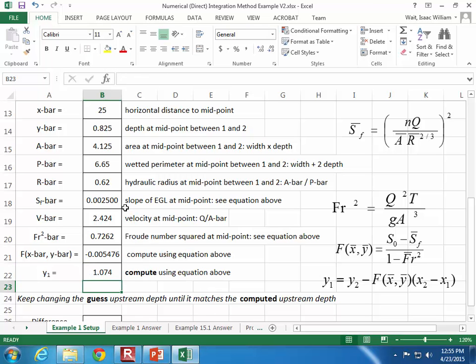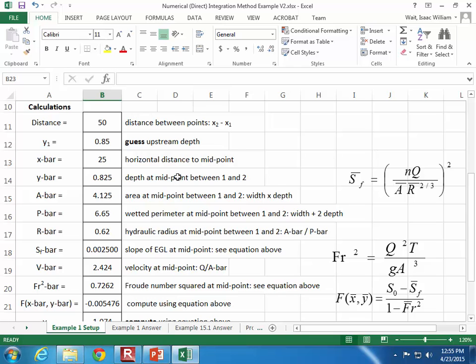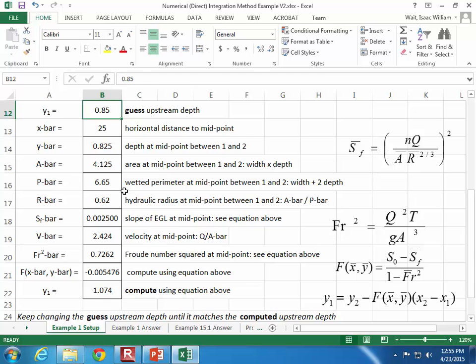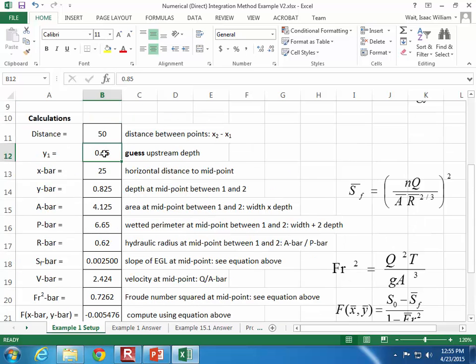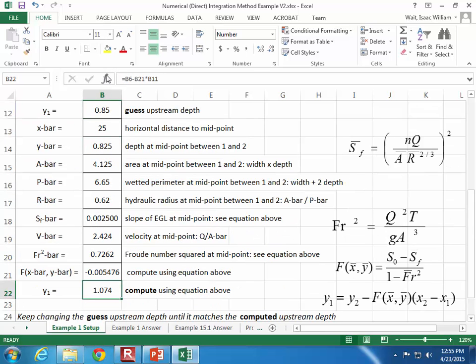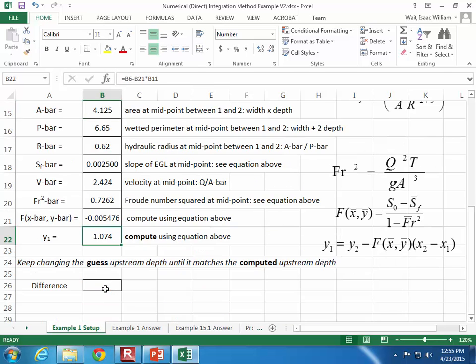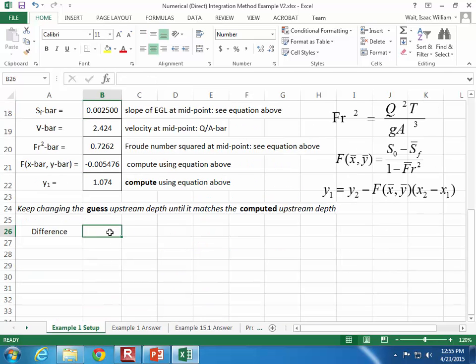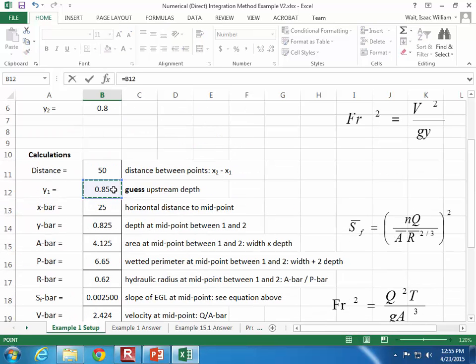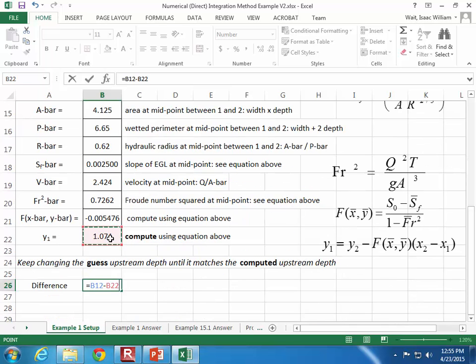So my guess wasn't very good. I remember I initially guessed that the depth was 0.85. If I had guessed the correct depth at 1, then these two would match. So I'm going to have a difference here because it'll tell me if I'm getting close or not. I want this difference to be down to 0.